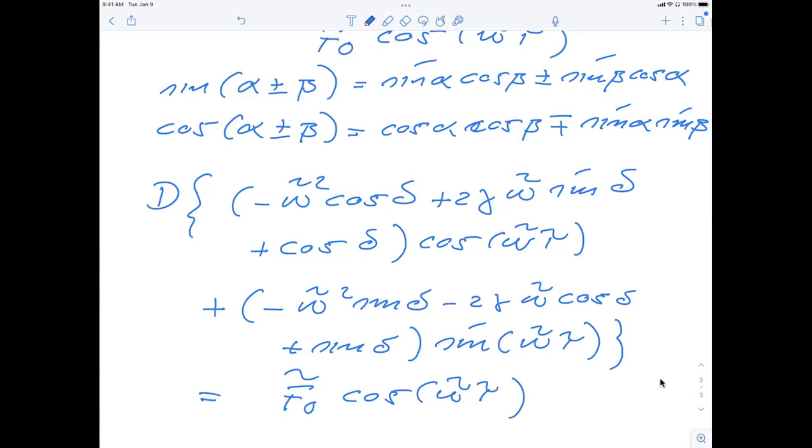Now, what we need to require is that the cosine parts have to match each other for all times. There's a cosine term here, and there's a cosine term here. So we require that the cosine terms have to be equal for all times, and then the sine terms have to be equal for all times.